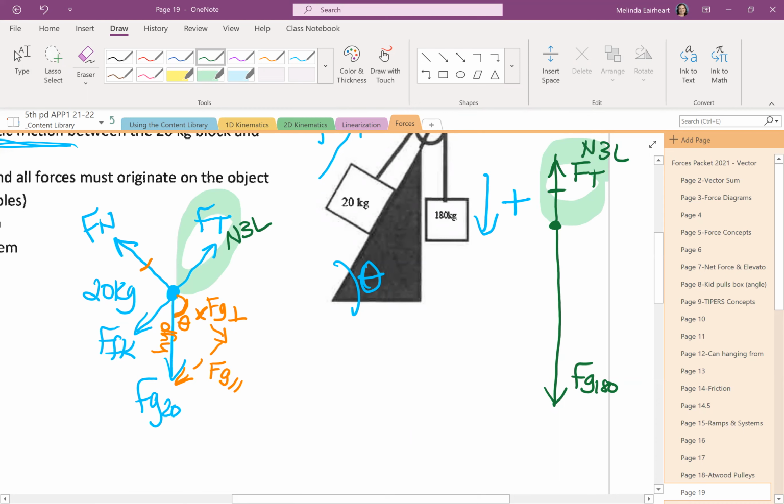So if you want to use a tick mark, I've already used 1 tick mark, so 2 maybe. By the way, no highlighter on the AP exam. So you would just write it out for yourself. Tension on block A equals the tension on block B, Newton's third law, okay?